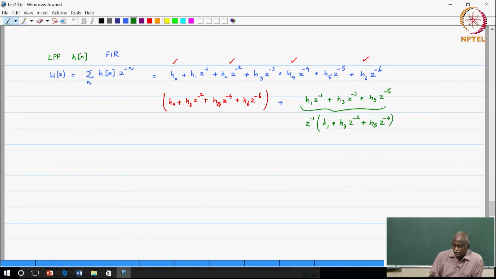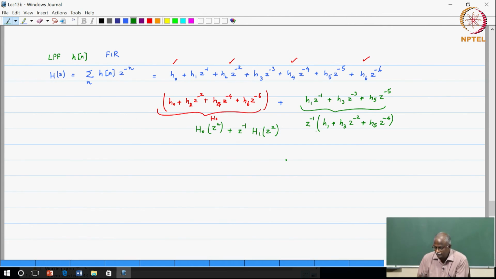So, I can write this as H0 of z squared, a polynomial with argument z squared, not z anymore, because all of them are even powers, plus z inverse H1 of z squared, correct. I am calling this my polynomial H0, and this, without the z inverse, my polynomial H1.